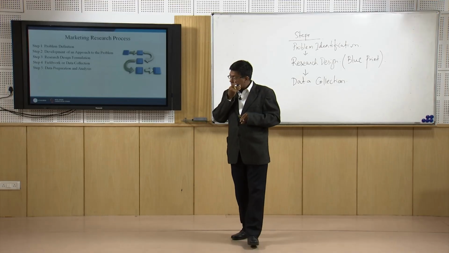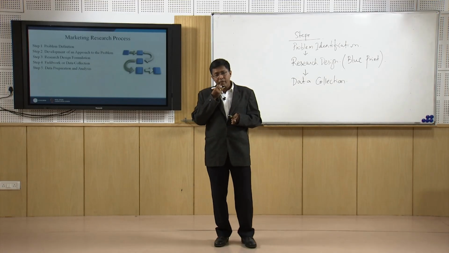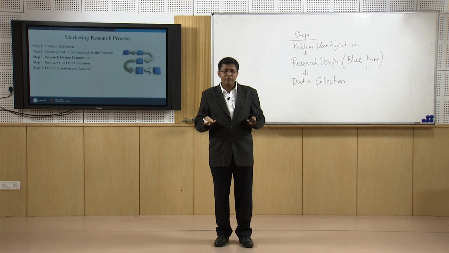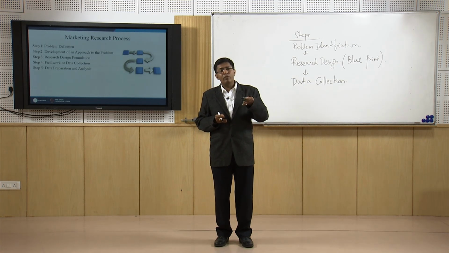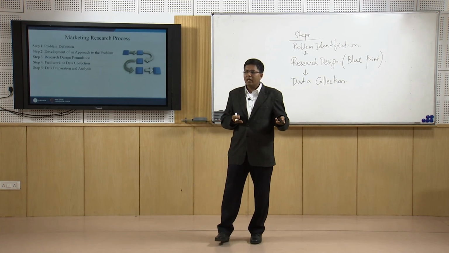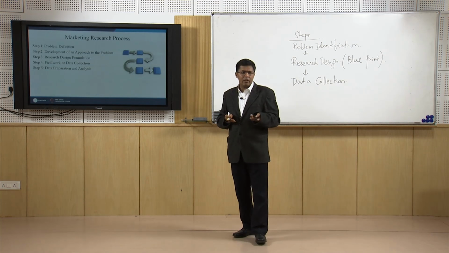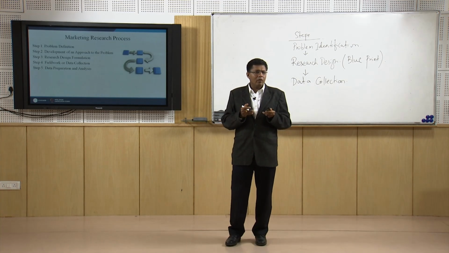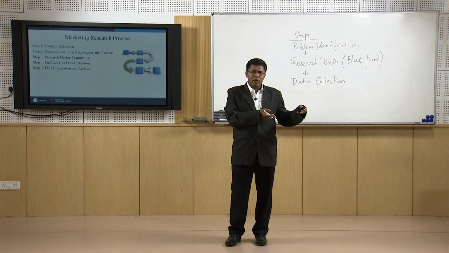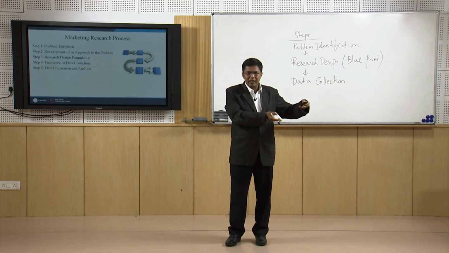So the question is, as I said, I can have primary data, I can go to the field and collect the data, or I can use data which is already existing, which is basically called secondary data. For example, the stock price of a company, or the last year results of a company, the profitability, the market share and all these things.